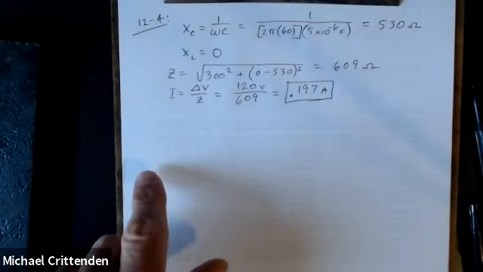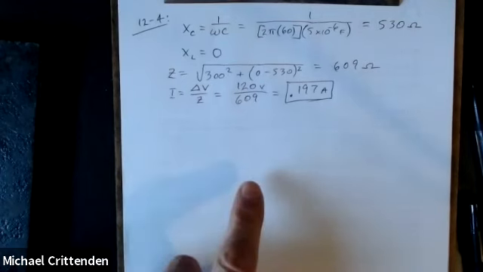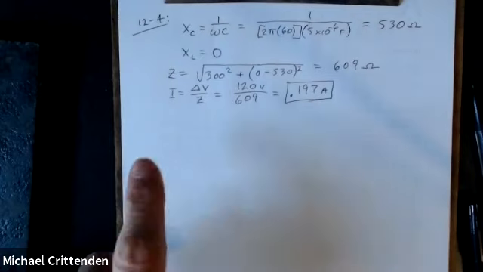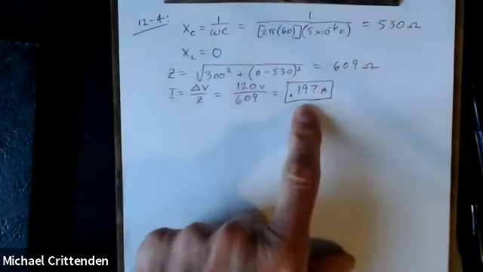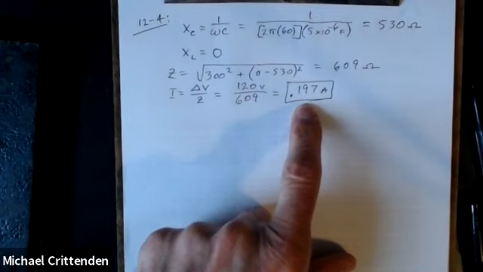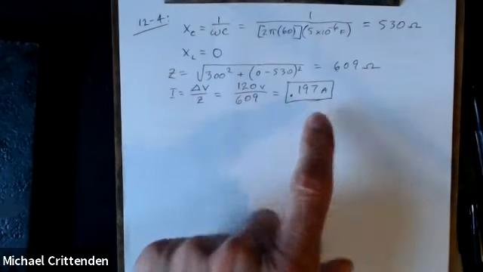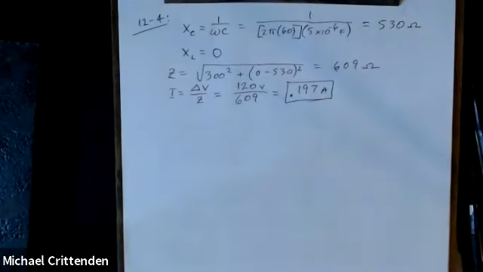Voltage across the capacitor is I times XC. For the coil, it's I times XL. Once you know the current, this is the current through everything in a series circuit. Multiply it by the number of ohms each individual thing has, and that'll tell you the voltage across each individual thing. And then you compare what's calculated in that way to what actually gets measured with an oscilloscope.